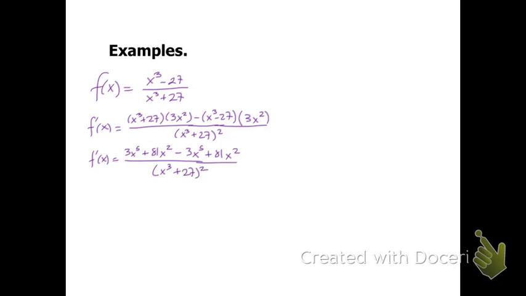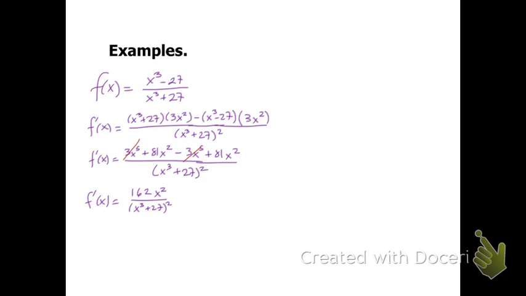So I'm just going to simplify my numerator. I get rid of these terms, and I'm left with those two terms, 81x squared plus 81x squared. So what is 81 plus 81? They are like terms, right? 81 plus 81 is 162x squared, and everything is going to be divided by the square of my denominator.